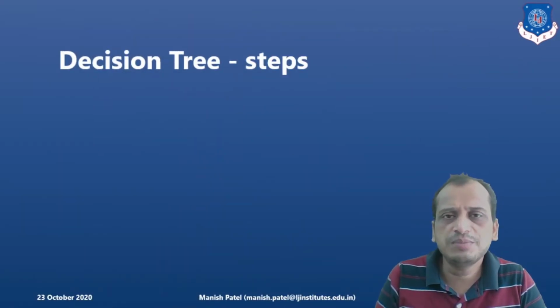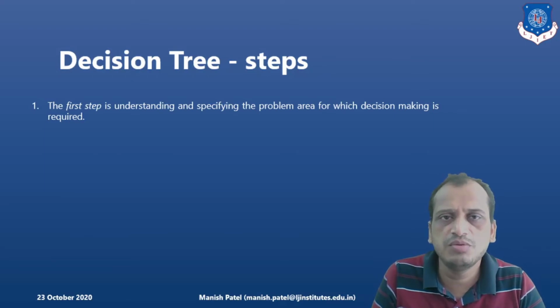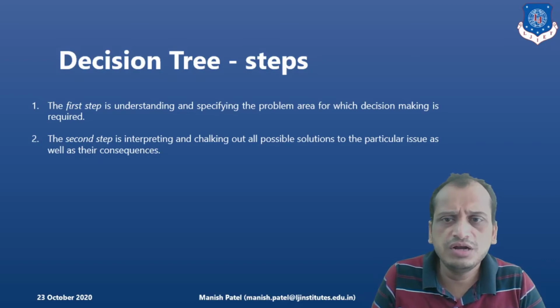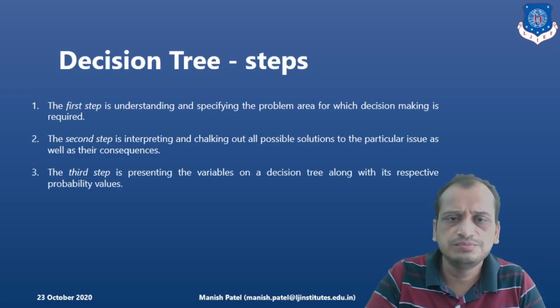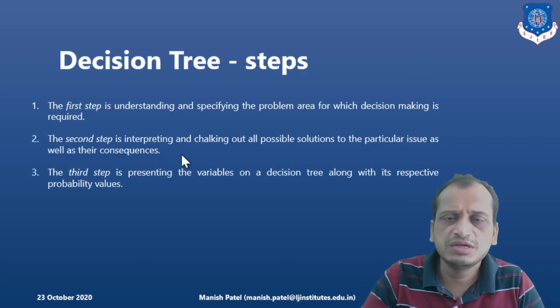Now let's look into the steps to prepare the decision tree. The first step is to understand and specify the problem. Similar to the steps of decision making, we will also employ the same steps here. Second step is to interpret different alternatives, all the possible solutions and the consequences as well. Third step is to present the variables and their probability values. Based on the alternatives, we will find out their probability estimates.